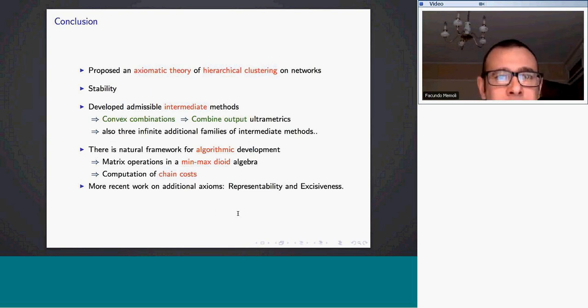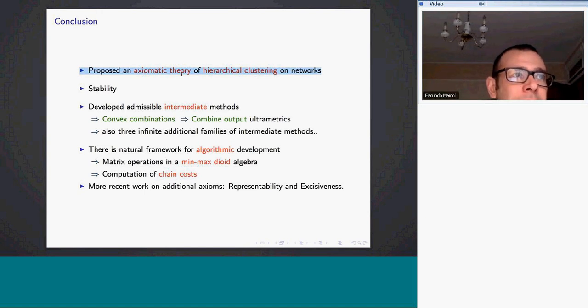So let me do some conclusion. So a few properties that we ask from methods on networks. And those you can derive a theory of the range of all possible methods.